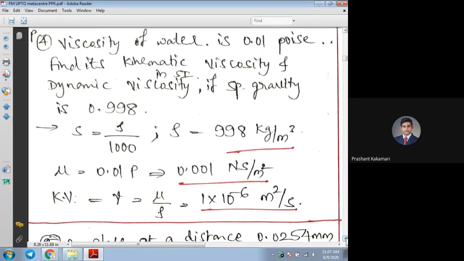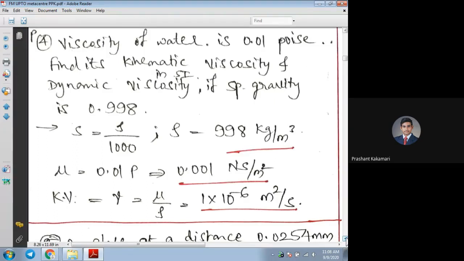Then kinematic viscosity I need to find out, because as per the question kinematic viscosity also we need to find out. So I'll write nu equal to the ratio of dynamic viscosity to density. Which density do we have to take now? That is the question. If you take the mass density, the unit will be meter square per second. If you take the weight density, the units will be different.